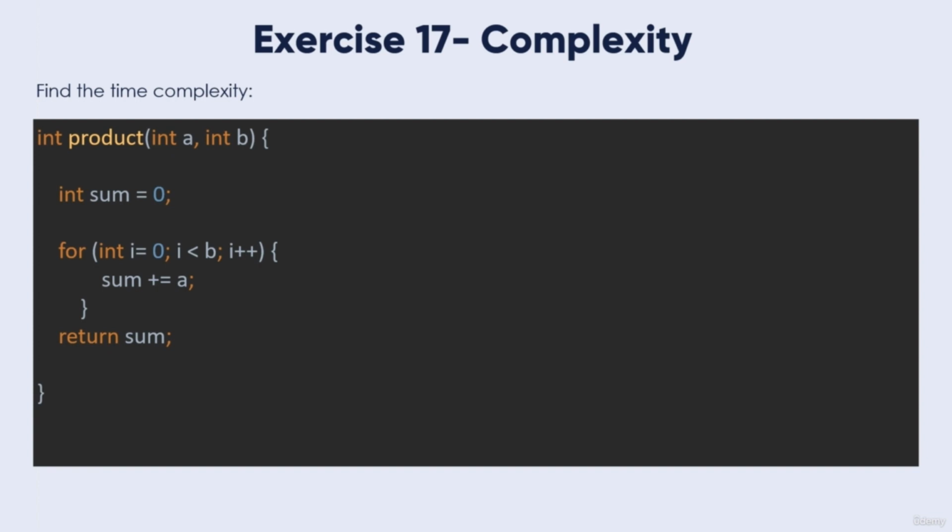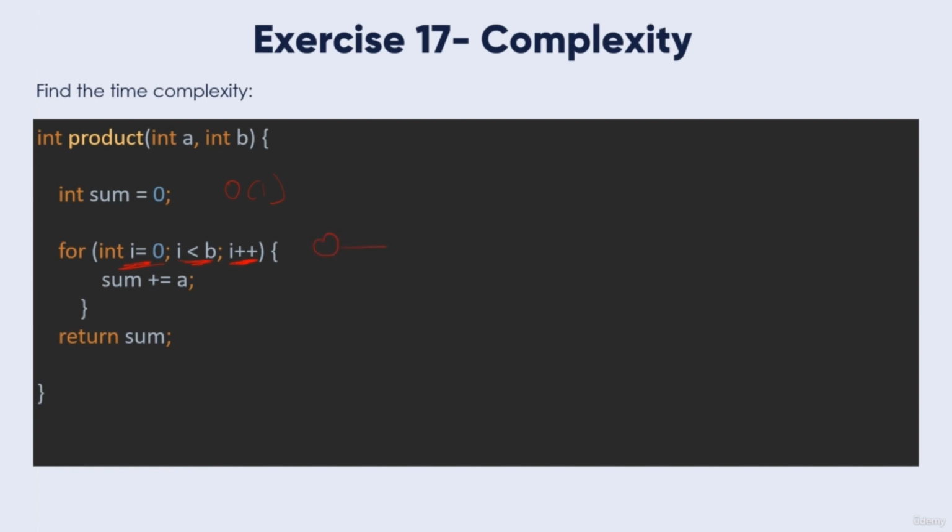In sum equal to 0, we have O of 1. For int i equal to 0, we have a loop. I told you that we need to start with the initial condition, study the stopping condition and the way of increment. It will go through all elements because of i++, and it will go from 0 to b.